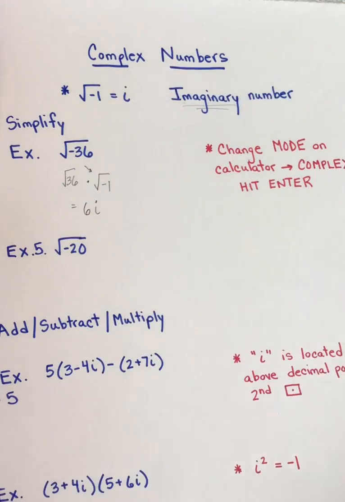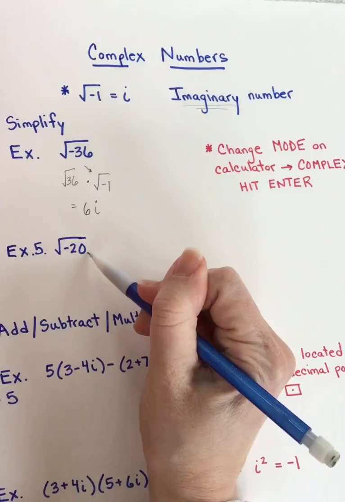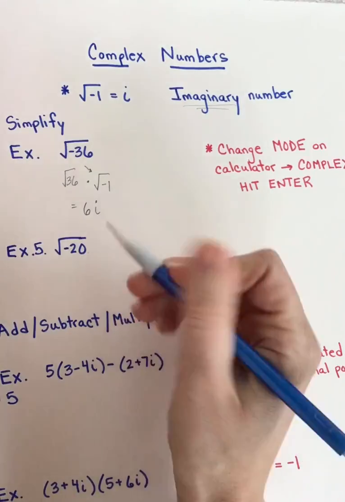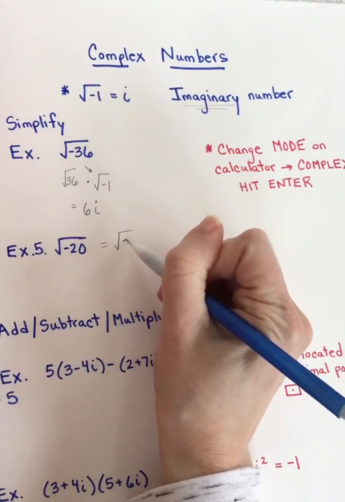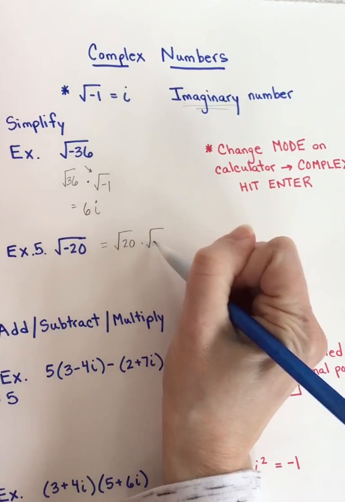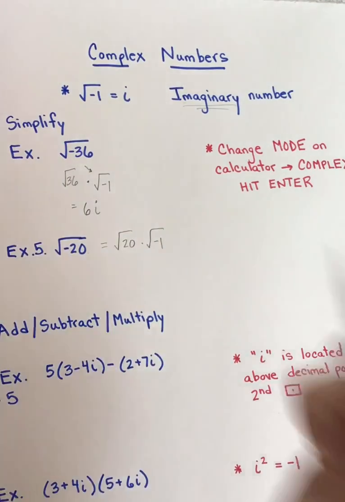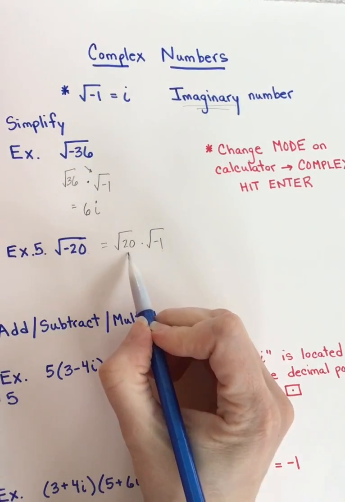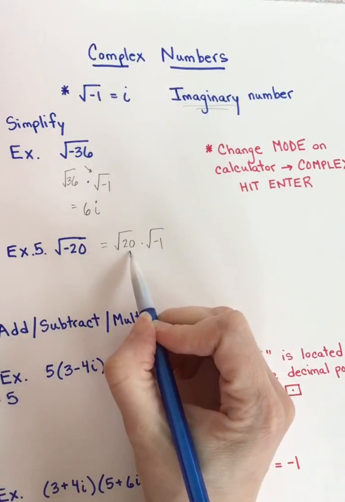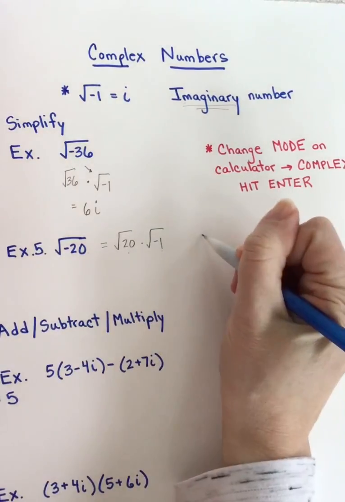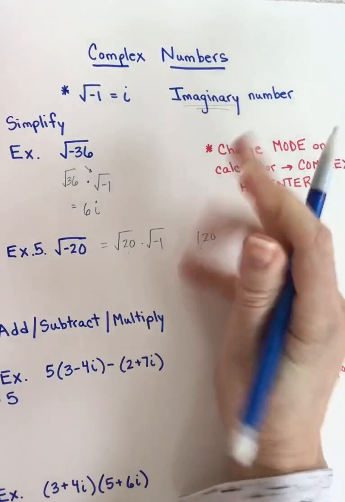I can also simplify radicals just like I did before in my chapters. This is really equal to the square root of 20 times the square root of -1. So I know I need an i. Now, does anybody remember how we simplified the square root of 20? That's right, we made a ladder. Self, what goes into 20?